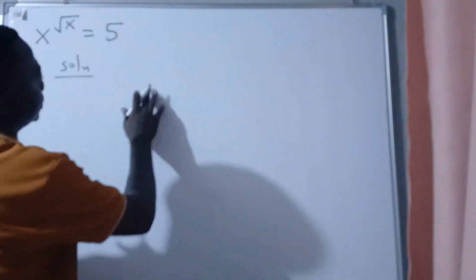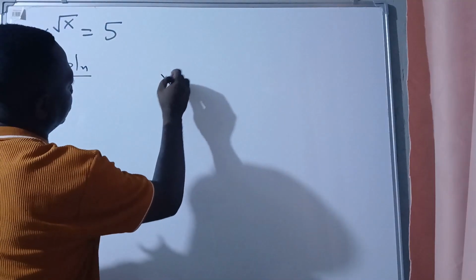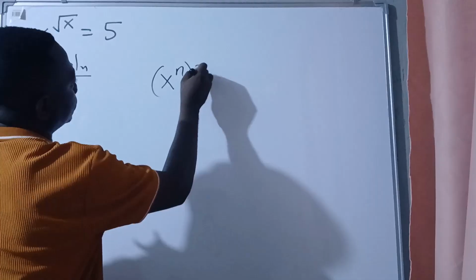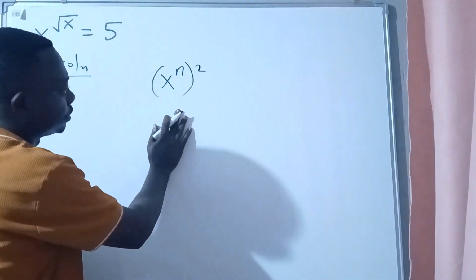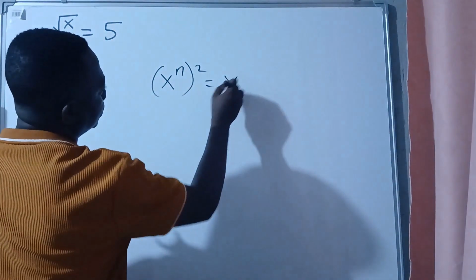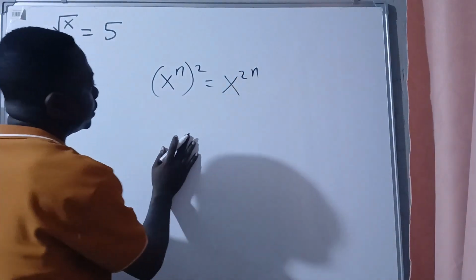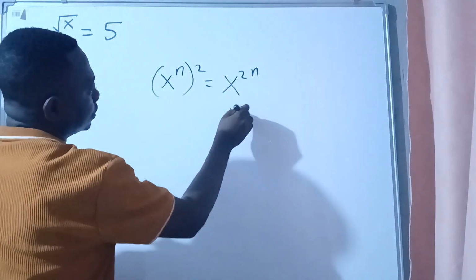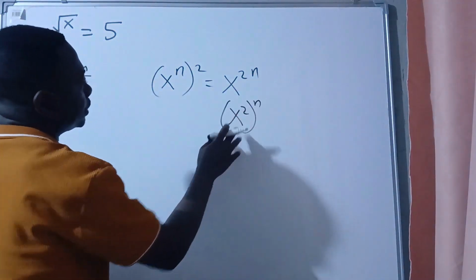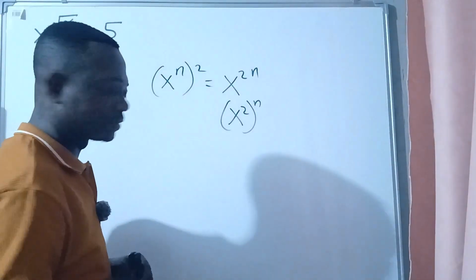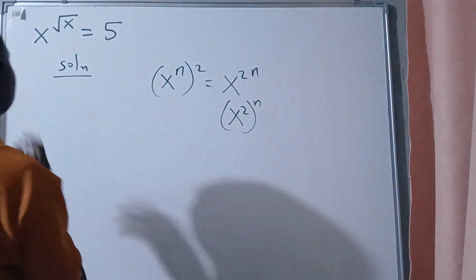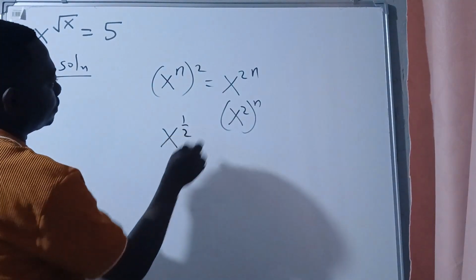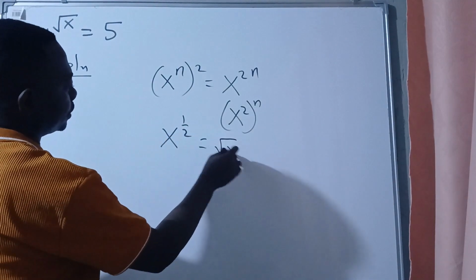Now let's observe this. When you have x to the power of n, all raised to the power of 2, this is the same as x to the power of 2n, and the same as x squared to the power of n. Let's get this concept. We all know that x to the power of half is square root of x.